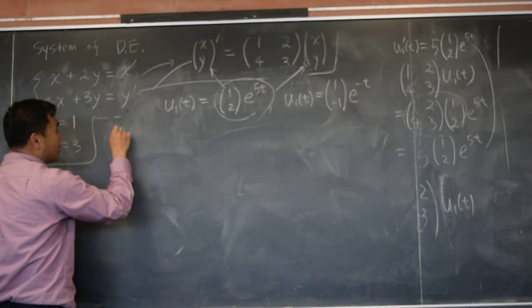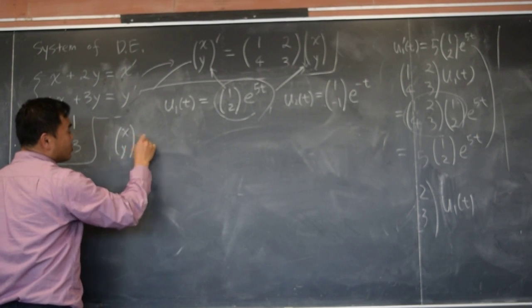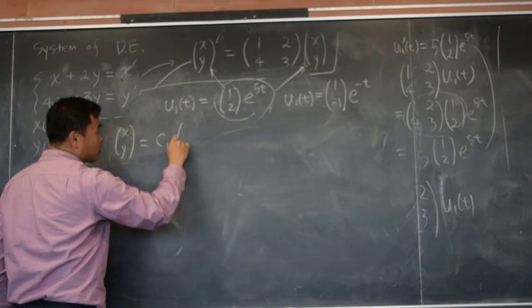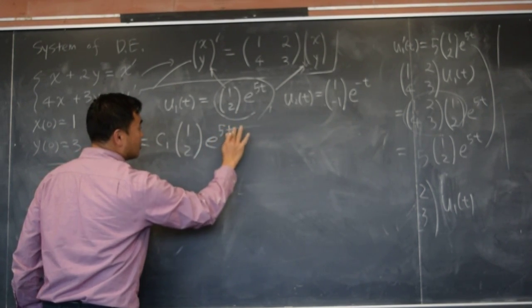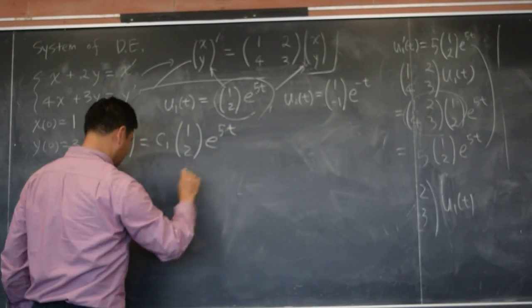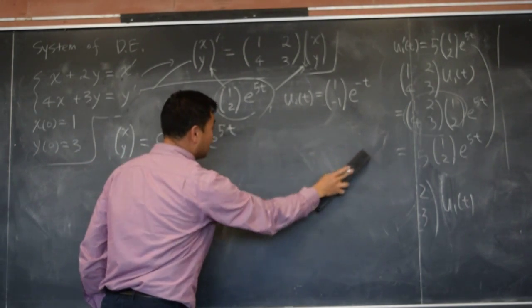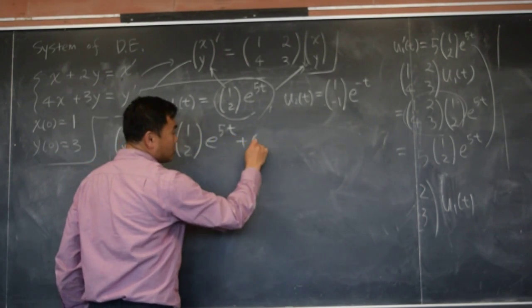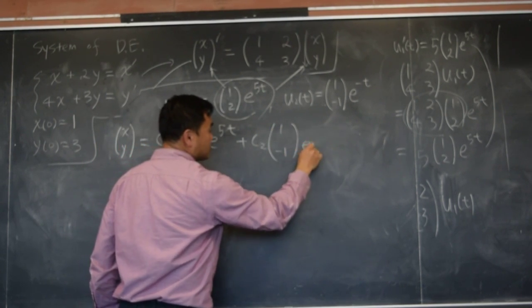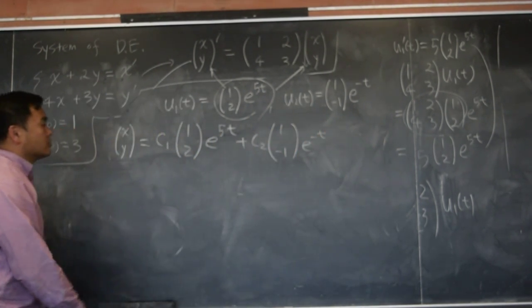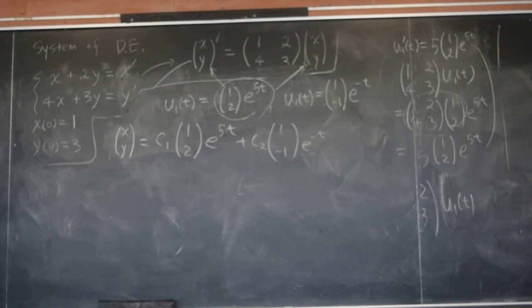So the solution is that (x, y) should be C1 times the first solution plus C2 times the second solution. Now this is the general solution.